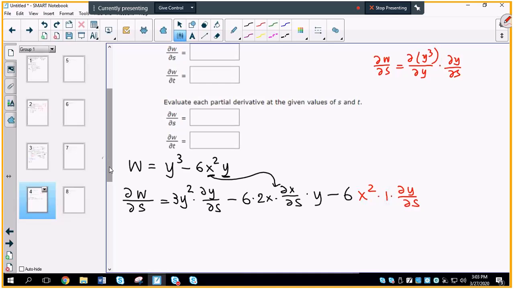I'm saying minus 6 times del of the function x squared y with respect to y first and multiplying del y del s. And then I'm doing it one more time. I'm saying minus 6 times del of x squared y with respect to x times del x del s.